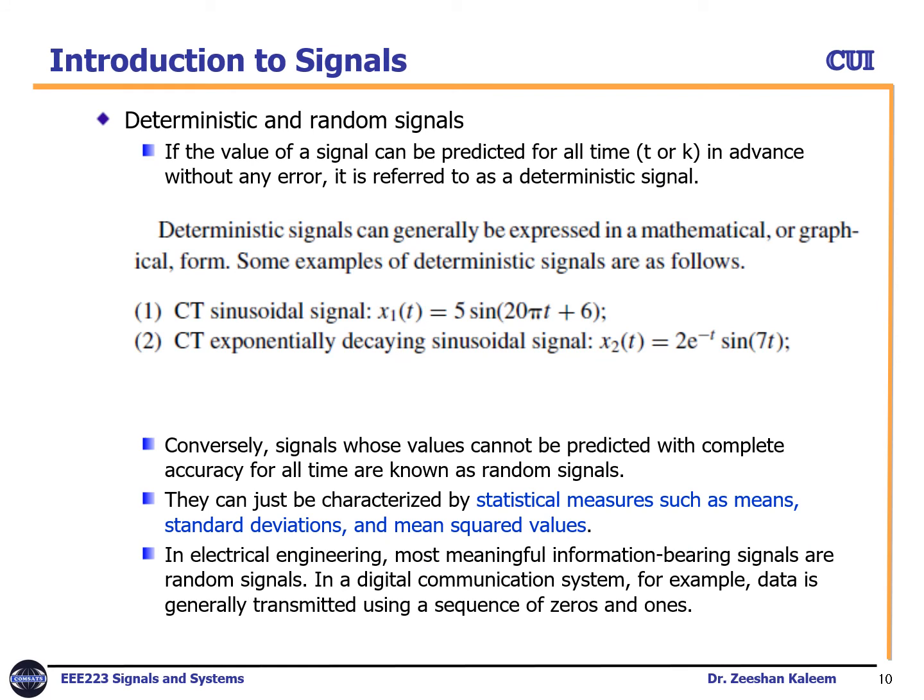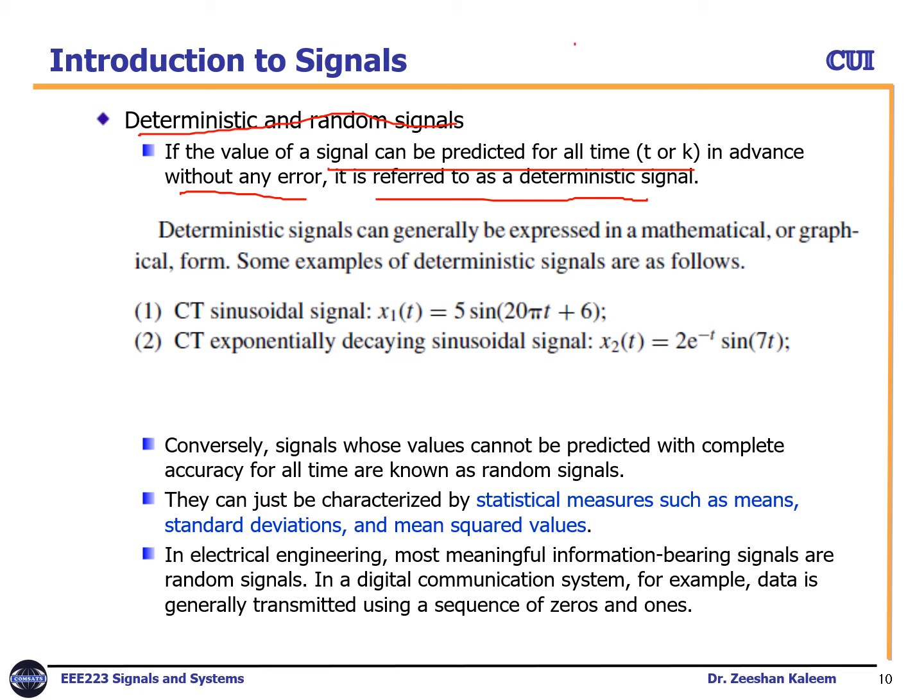The other important terms are deterministic and random signals. You must know these terms because in wireless communication, or any communication, these terms are very popular. A signal is deterministic if its value can be predicted for all time t in advance without any error. What does it mean?